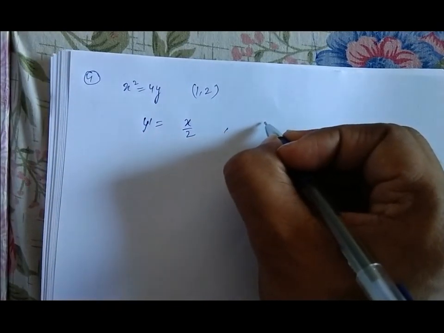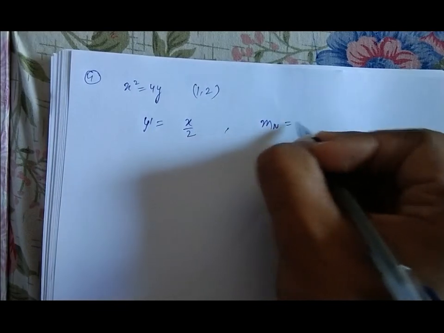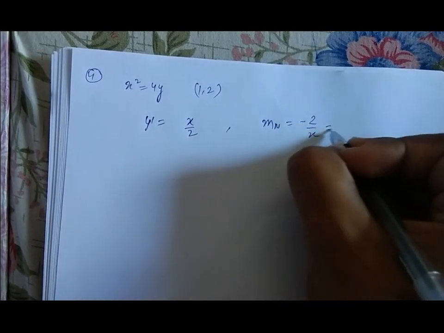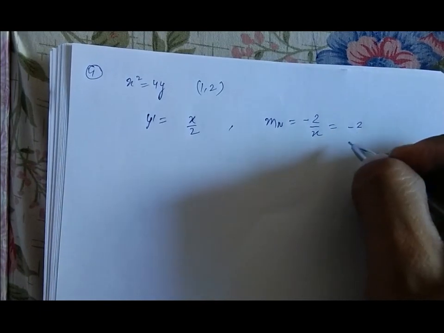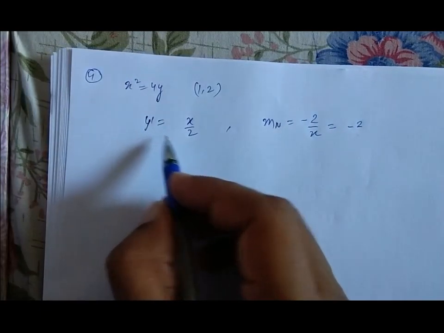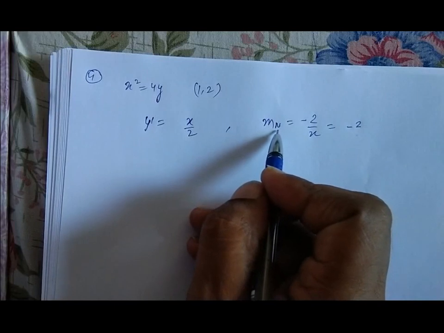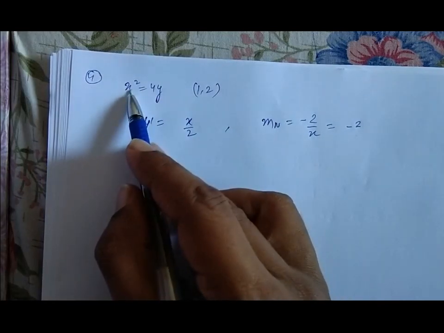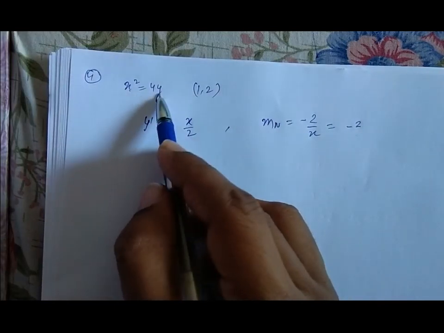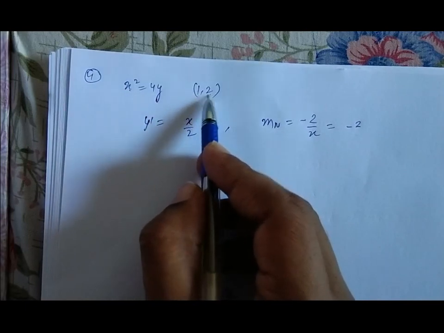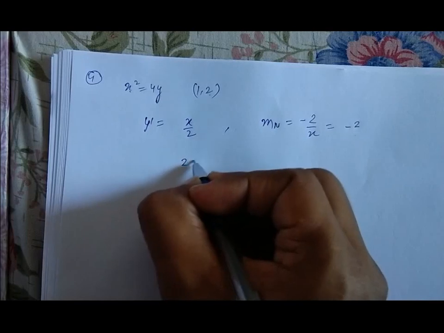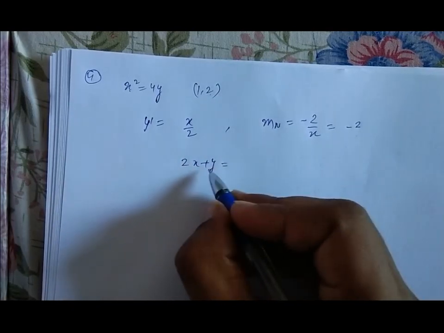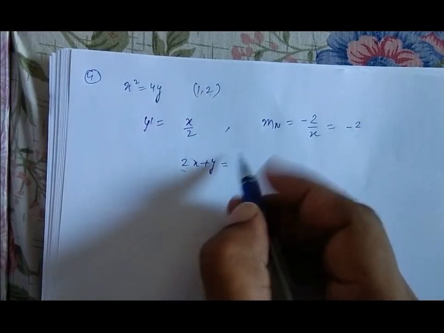Slope of normal would be minus 2 by x, and at x is equal to 1, slope of normal would be minus 2. The point is 1 comma 2, we know the slope of normal. Now we can write the equation as 2x plus y is equal to 2 times 1 plus 2, which is 4.